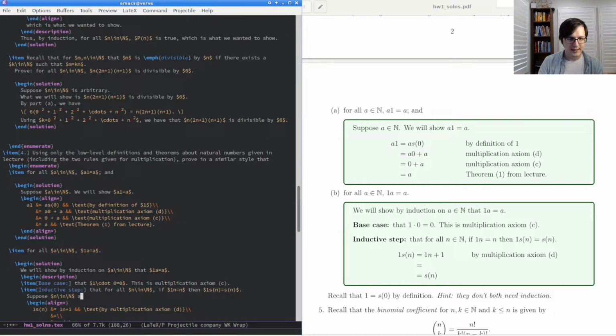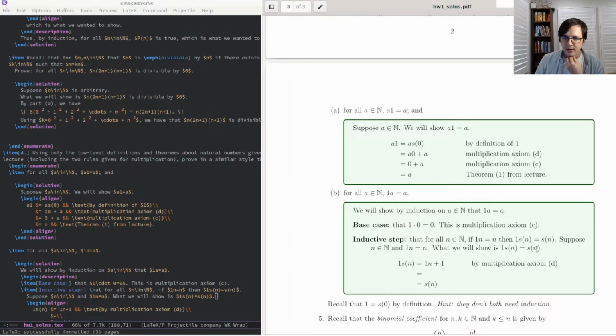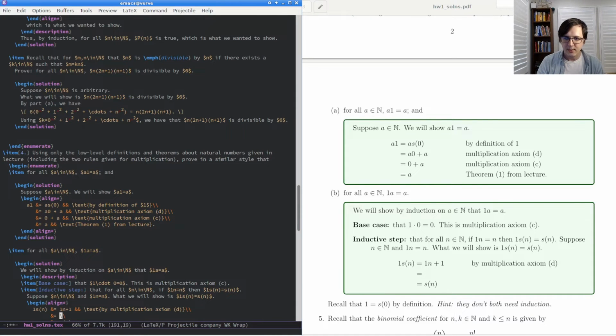Suppose n is in N and 1n equals n. And what we want to show is that 1Sn equals Sn. Okay, so we have this hypothesis, which is 1n is n, so we probably should just use it.